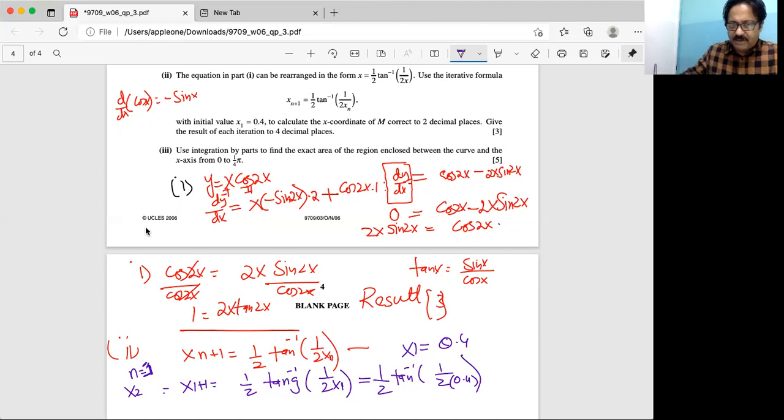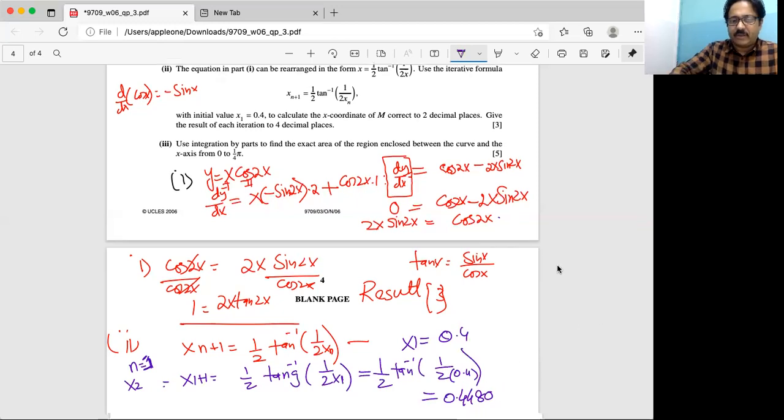I'm getting 0.448. They say take each iteration to 4 decimal places, so we get 0.4480. That's the first iteration.